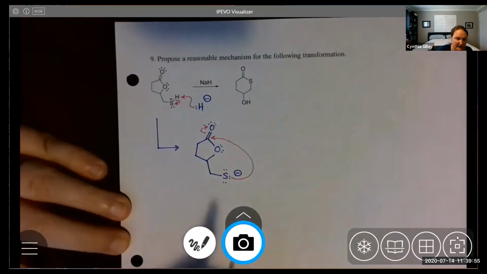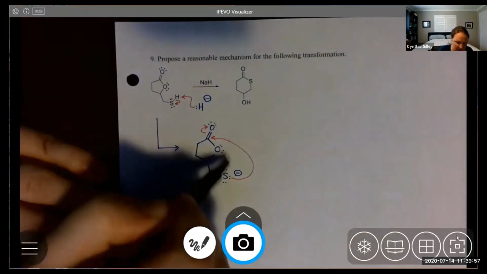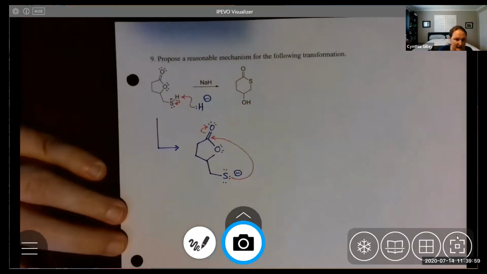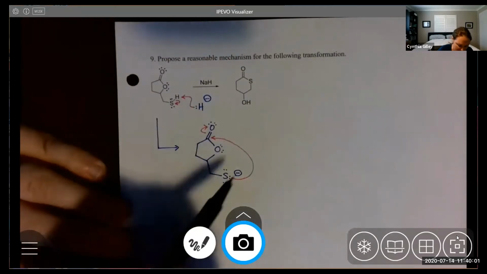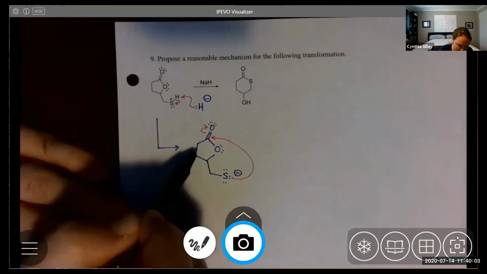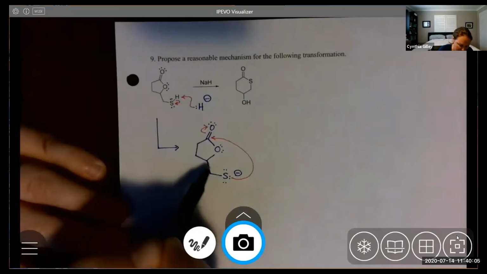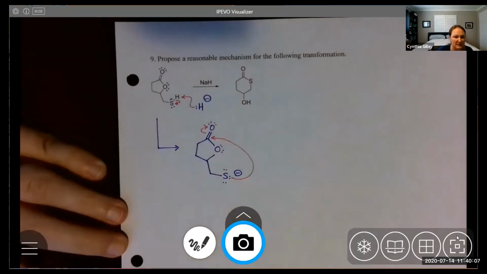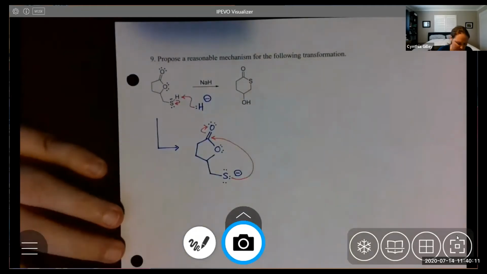And the reason why this can reach around here and do this attack is because think about the ring size, right? So 1, 2, 3, 4, 5, 6, or if you count this way, 1, 2, 5. Those are both reasonable transition states in terms of ring size.